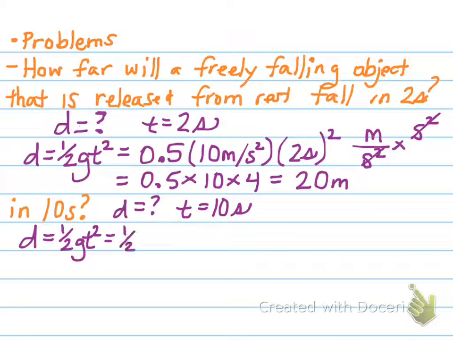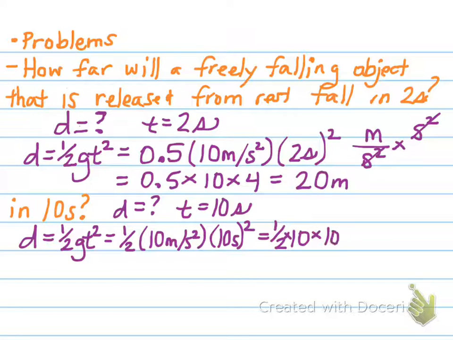So 1/2 10 meters per second squared times the 10 seconds squared, which is 1/2 10 times 100. 10 times 100 is 1,000, and half of 1,000 is 500. So 500 meters. Right? It's pretty fast. Something falls in 10 seconds, 500 meters.